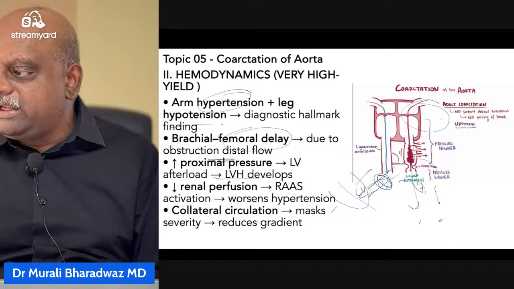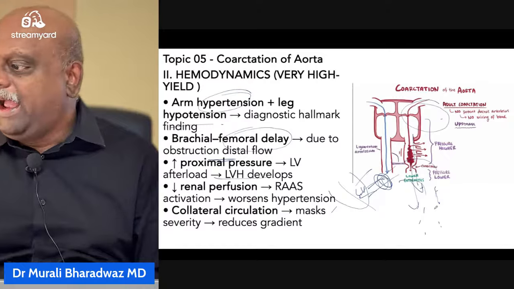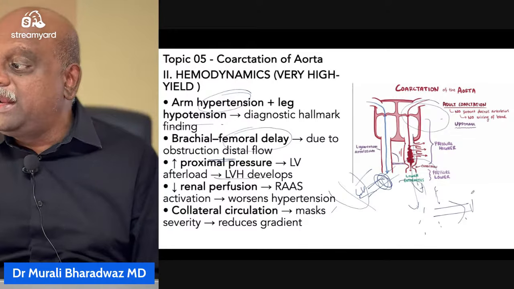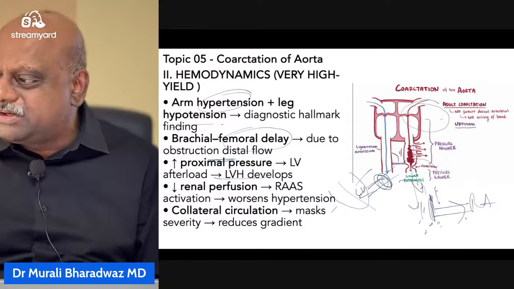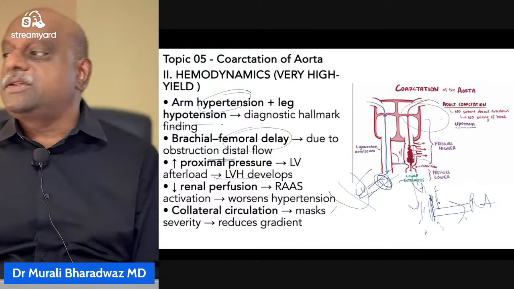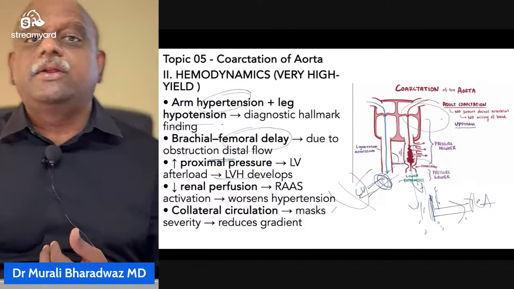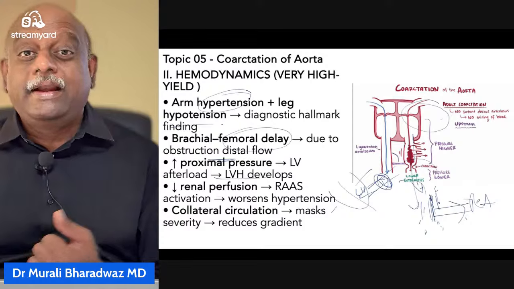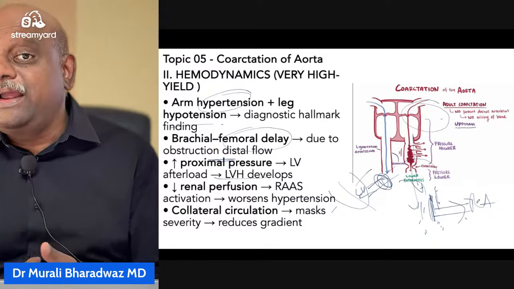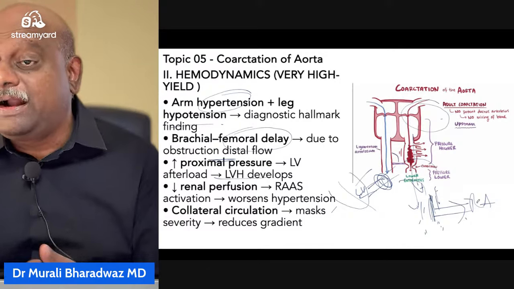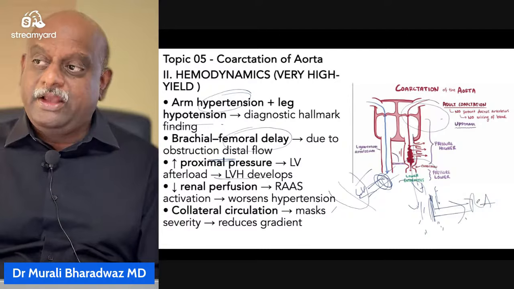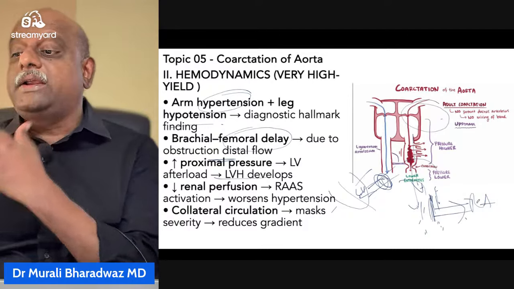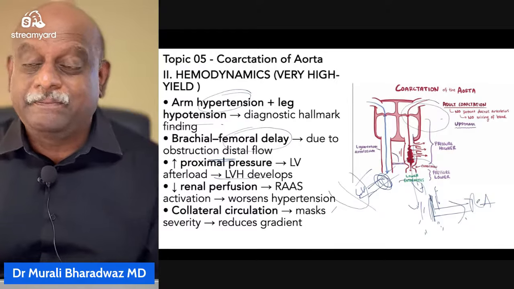Ultimately, the aorta descends down, and it is the one which gives rise to the renal artery. So the moment the flow in the aorta decreases, that decreases the flow to the renal artery, and that leads to the development of renal artery secondary hypertension. Renal artery associated secondary hypertension is what you see in case of coarctation of aorta.